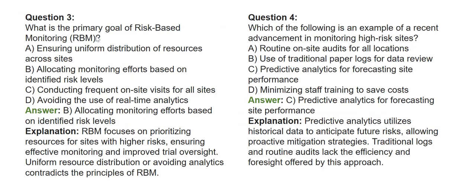Question 3: what is the primary goal of risk-based monitoring, RBM? A, ensuring uniform distribution of resources across sites, B, allocating monitoring efforts based on identified risk levels, C, conducting frequent on-site visits for all sites, or D, avoiding the use of real-time analytics? So the primary goal of RBM is definitely B, allocating monitoring efforts based on identified, pre-classified risk levels.